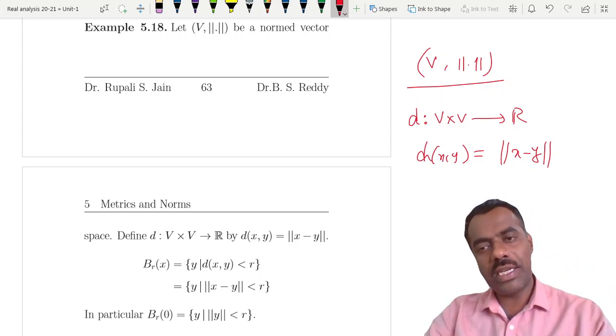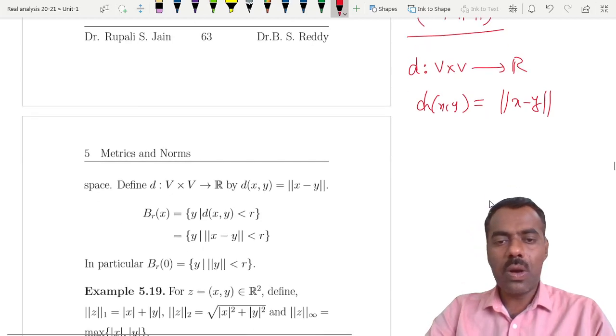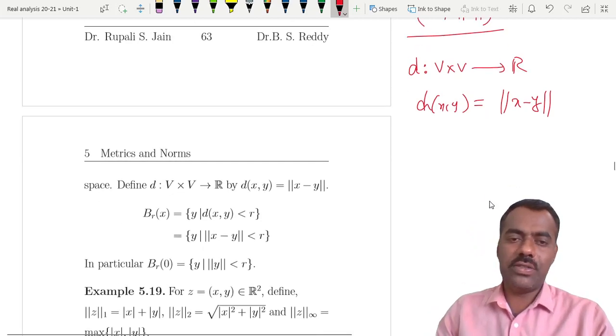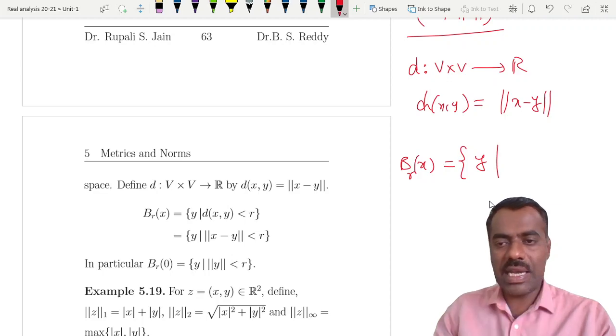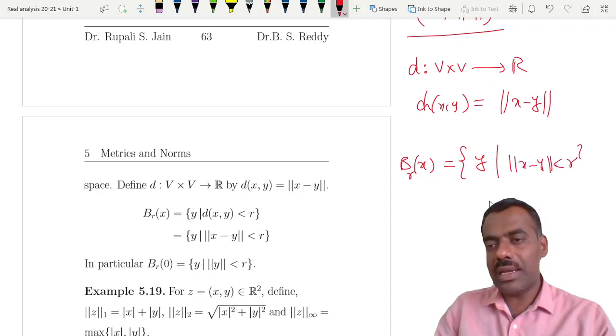Once you have a metric, you can talk about what is meant by an open ball in this metric. So the ball around x of radius r is nothing but the set of y such that the distance between x and y is less than r, which is the same as saying that norm of x minus y is less than r.